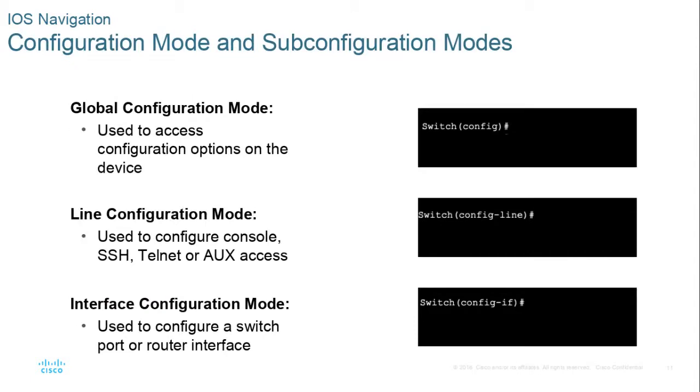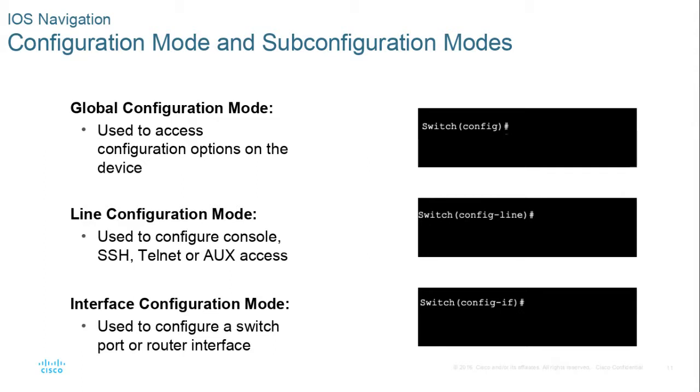Once you're in the privilege exec mode, we can now go into some configuration modes and actually set things up. I want to go to the global configuration mode: configure terminal, config t for short, and the prompt is going to change to the host name of the device with the word config in parentheses and the # prompt. This is where I'm going to do my configuration tasks.